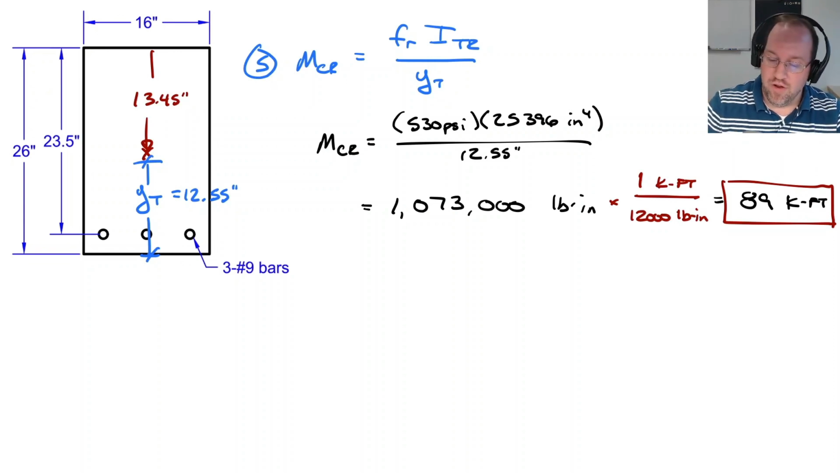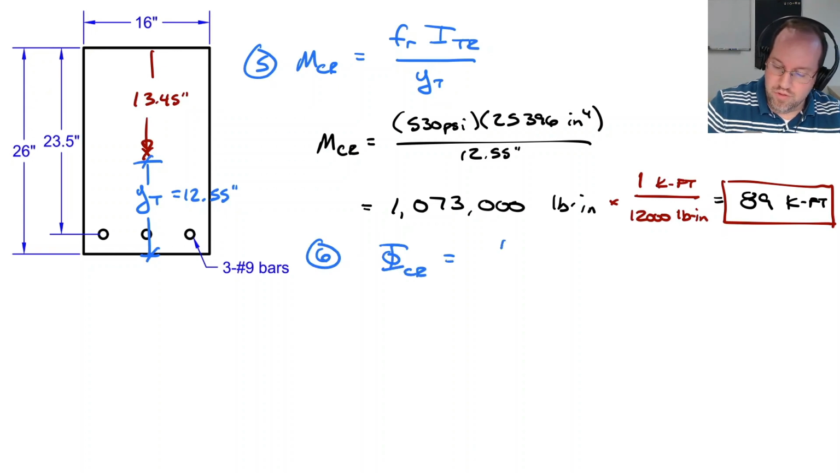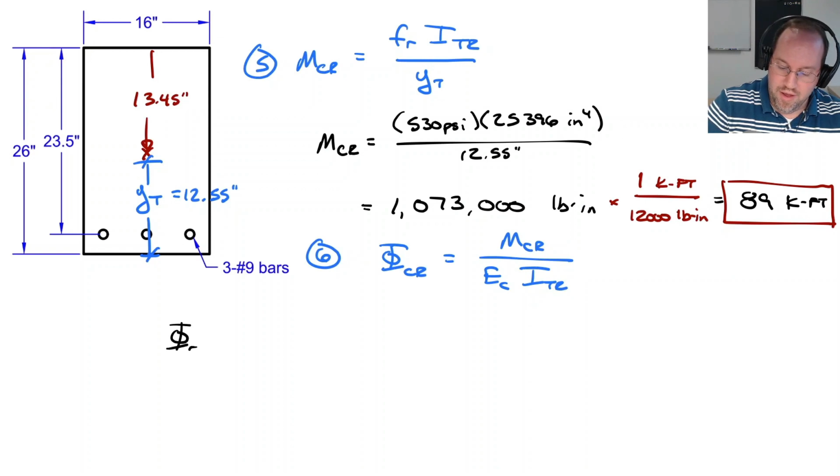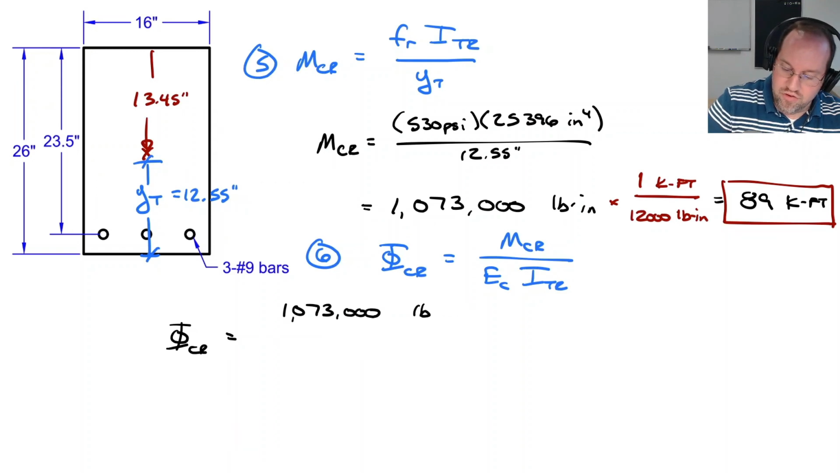Lastly, let's find our curvature. Again, the curvature is equal to the cracking moment divided by my modulus and my transformed moment of inertia. Let's put some numbers to this. My curvature is equal to 1,073,000 pound inches. Again, I want to make sure my units are consistent here.